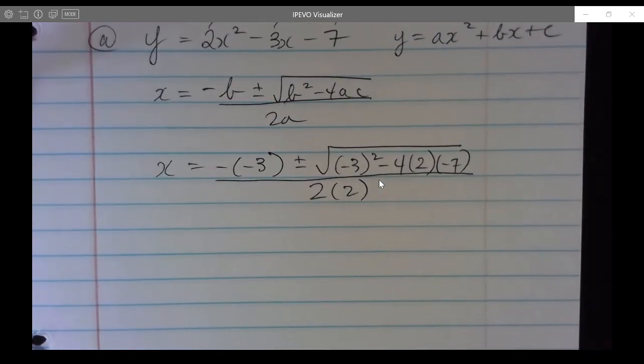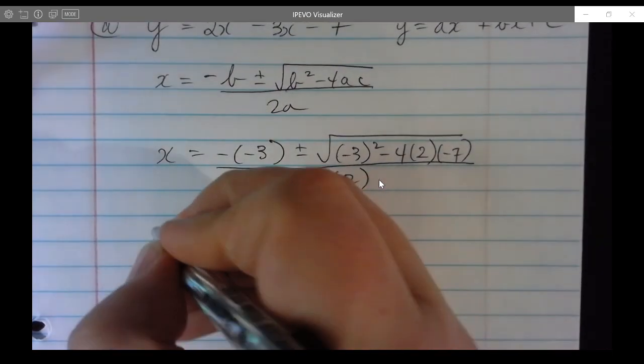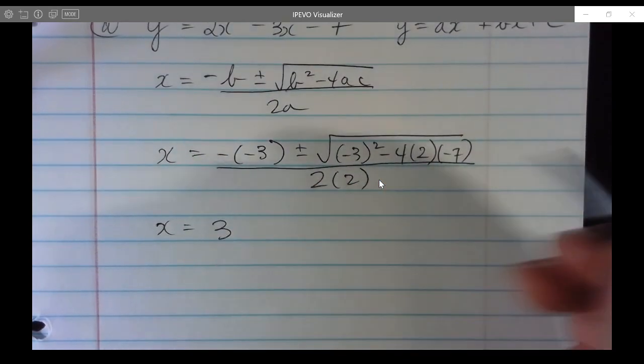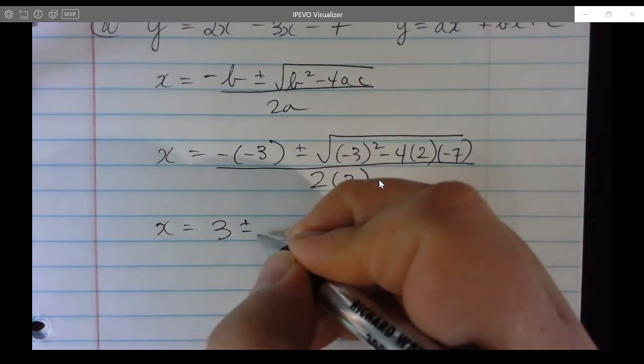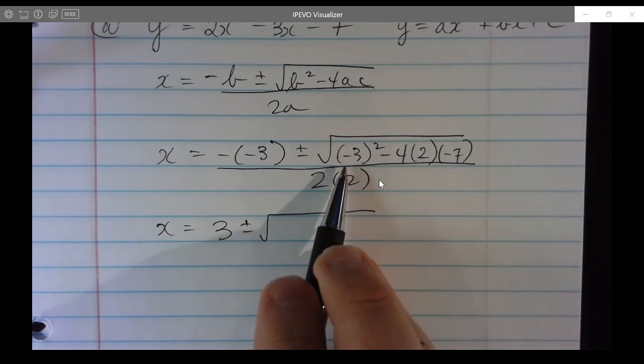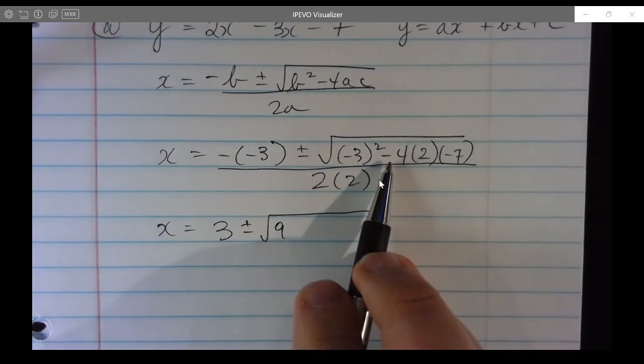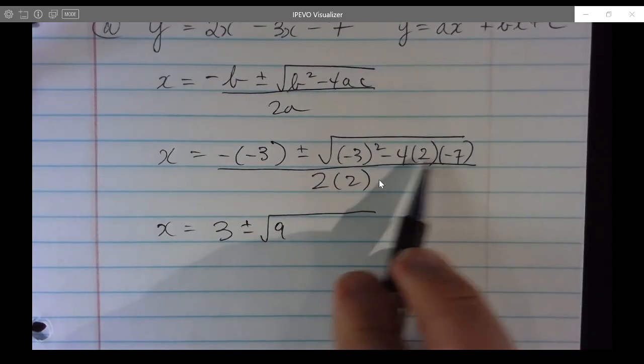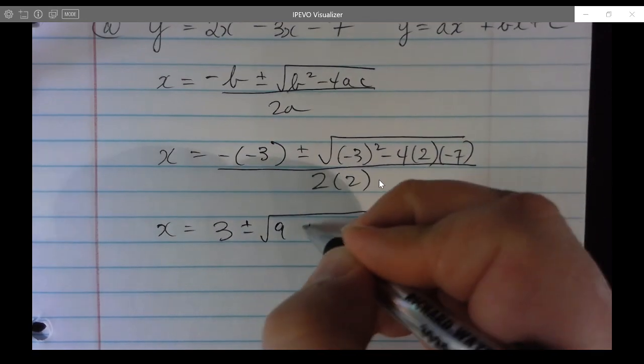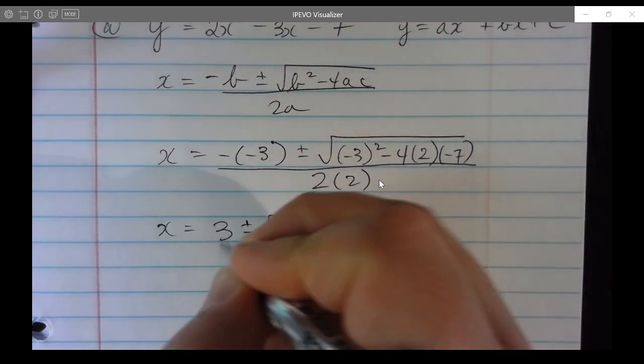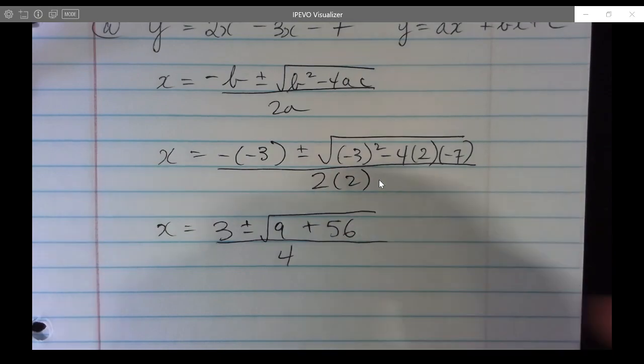All right, some arithmetic we got to do here. Minusing a negative means that those two things cancel. Plus or minus the square root, and that would be 9. Minus 4 times 2 is negative 8. Negative 8 times negative 7 is plus 56. Those negatives cancel. All over 4.